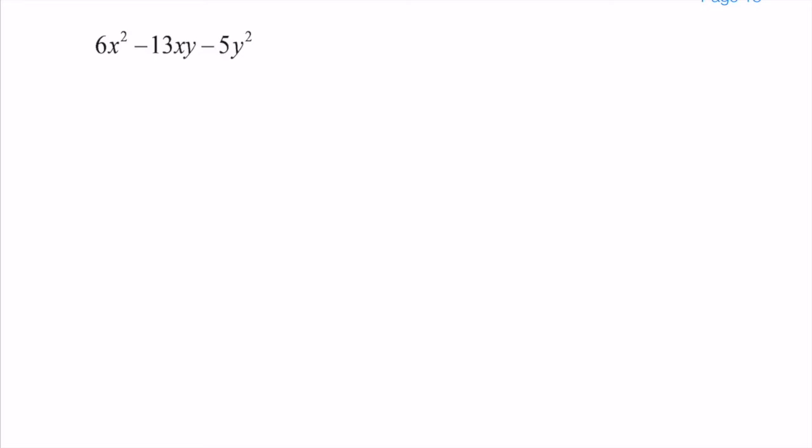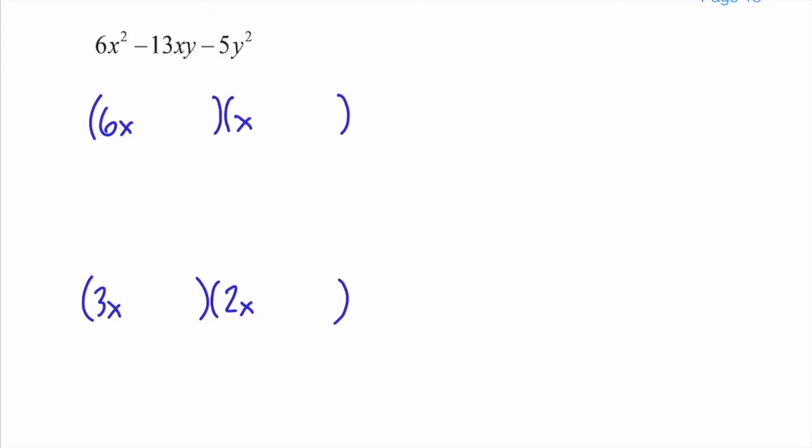Very similar problem. So I've got a 6x squared, a negative 13xy, and a negative 5y squared. So with the 6, I know that that can either be 6x and x, or 3x and 2x.